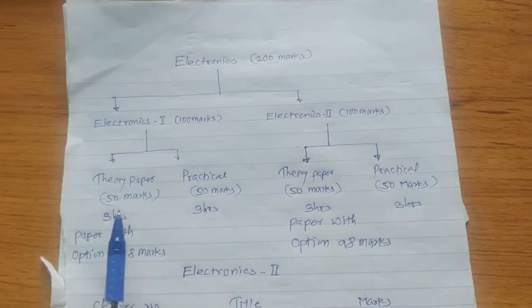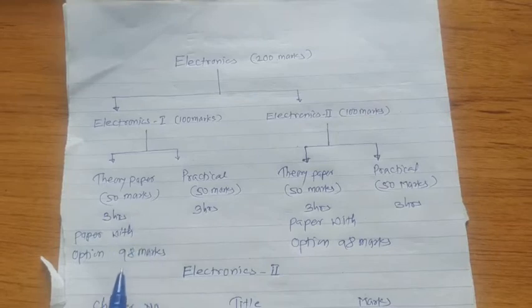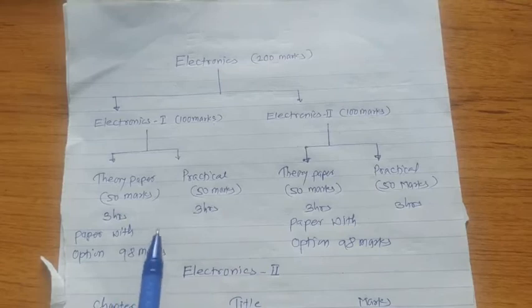For the 50-mark theory paper, the board allows 3 hours and the total paper with options is 98 marks. The pattern is the same for the Electronics First theory paper and the Electronics Second theory paper.